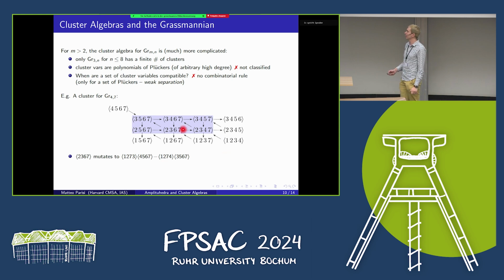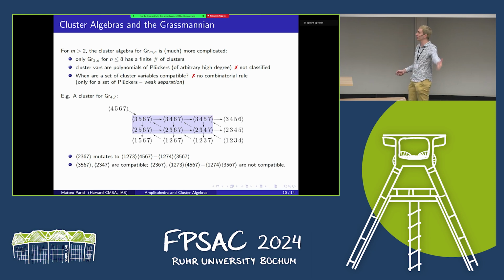For example, if you use this as an initial cluster, then you can start mutating each cluster variable that is, in this case, in the blue box, you can mutate those ones, and you can generate all the clusters. And in this case, for example, if you mutate 2,3,6,7, you get a cluster variable which is not a Plucker anymore, but is a quadratic polynomial in the Pluckers.